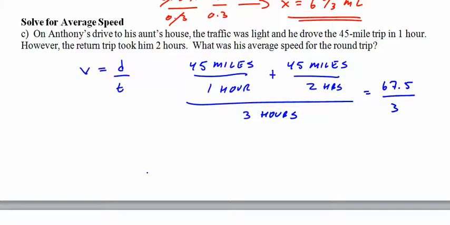Something is wrong. I did this wrong, so I have to fix this. Distance over time, distance over time. My bad.